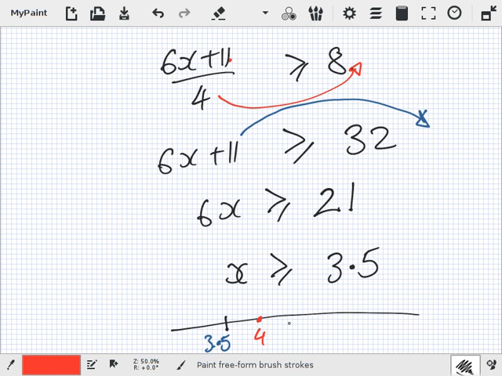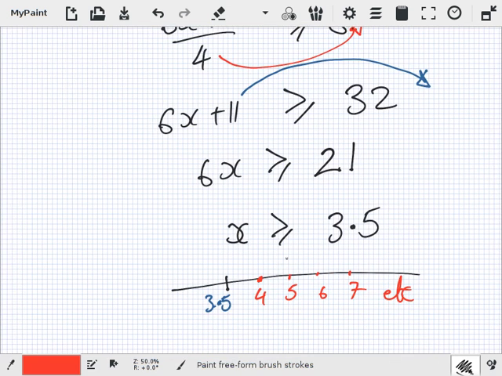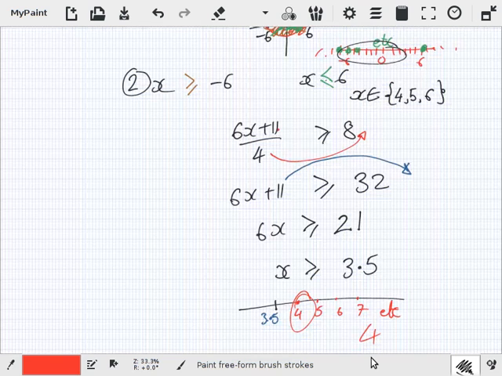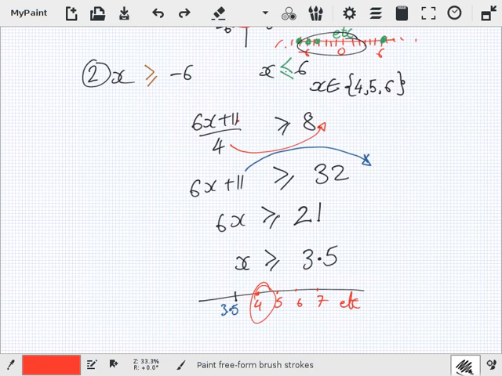And then what's the next one? 5, 6, 7, etc. So you might think, oh, the answer is x is 4, 5, 6, 7, etc. It's not, because they said write down the smallest integer. So the smallest integer is 4. So the answer is 4. You see? So a little bit sneaky, because some people in the exam perhaps would have stopped here. Yeah? Well, that would have been common, you know?